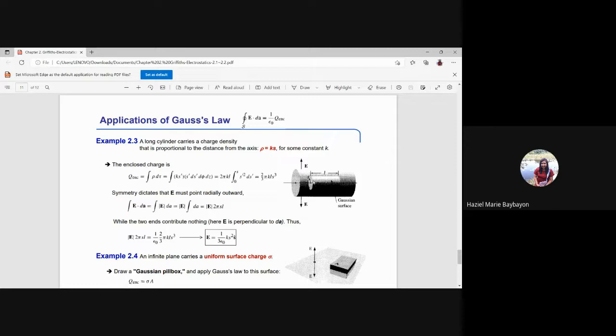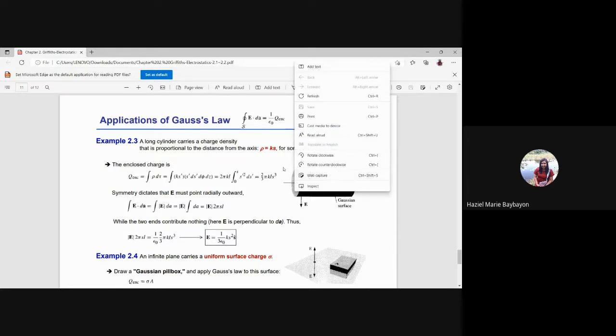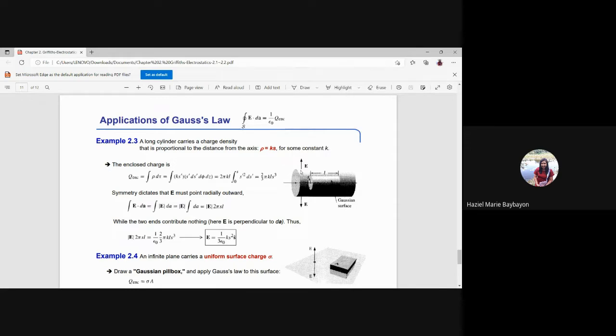All right, so here is your cylinder. It has length L and its radius is S. For this, we can use Gauss' law to find the electric field at any point outside the cylinder.